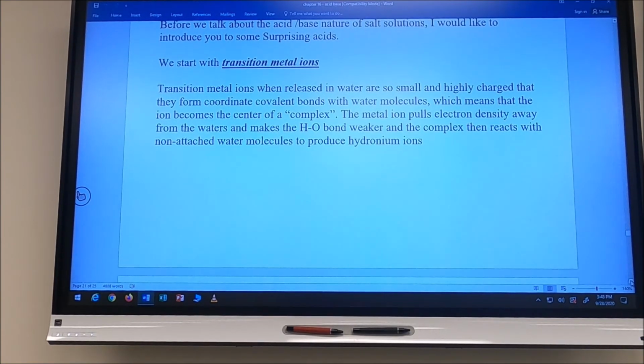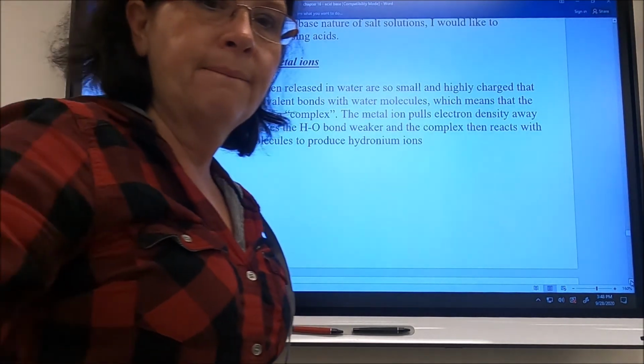So salts can be acidic or they can be basic. So I want to introduce you first to some cation weak acids and talk about transition metals for a moment.